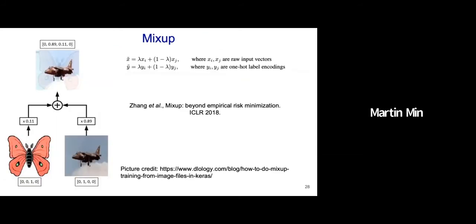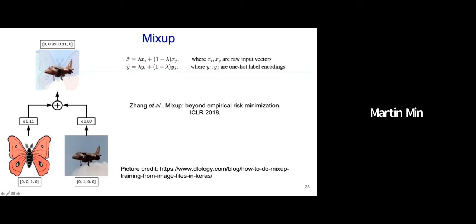Another popular data augmentation trick is called mix-up. For example, you have a butterfly image, and this is a helicopter. Instead of just doing clipping or flipping, you can do the mix-up. I convexly combine these two images, using a different weight assigned to each image.